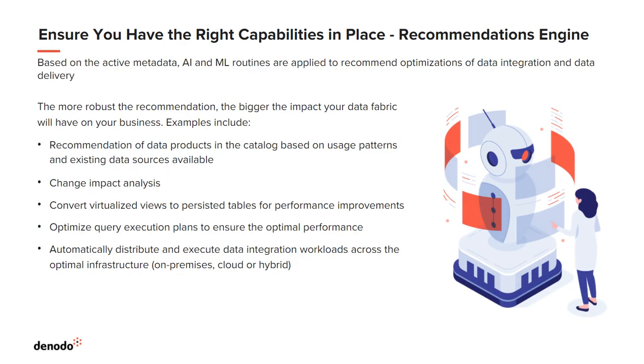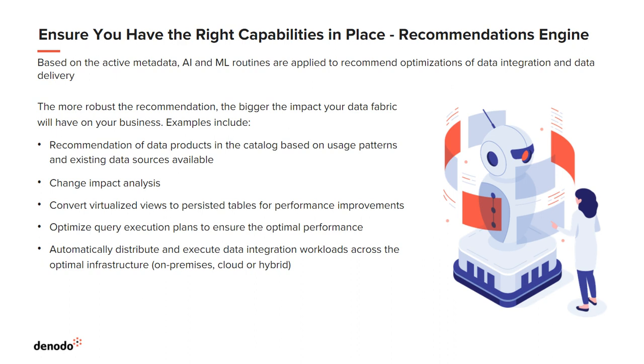A key part of what I spoke about with augmentation is the recommendations engine. The recommendations engine is going to do that automation, giving you the ability to automatically detect the most effective way to execute this query and provide the information back to you. What's the best way to optimize the environment?